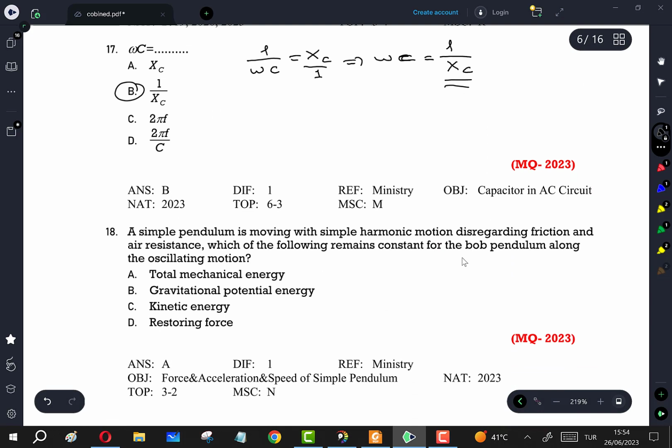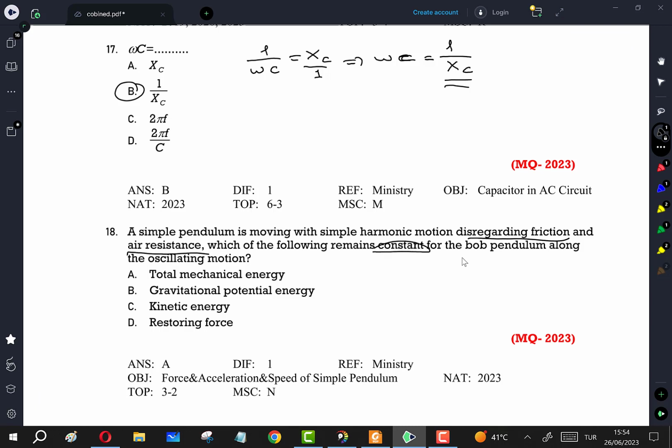Question number 18. A simple pendulum is moving with a simple harmonic motion, disregarding the friction and the resistance. Which of the following remains constant for the bob along the oscillating motion? Gravitational potential energy, kinetic energy, restoring force. They are all changing. Gravitational potential energy decreases as approaching the equilibrium position. Kinetic energy increases.